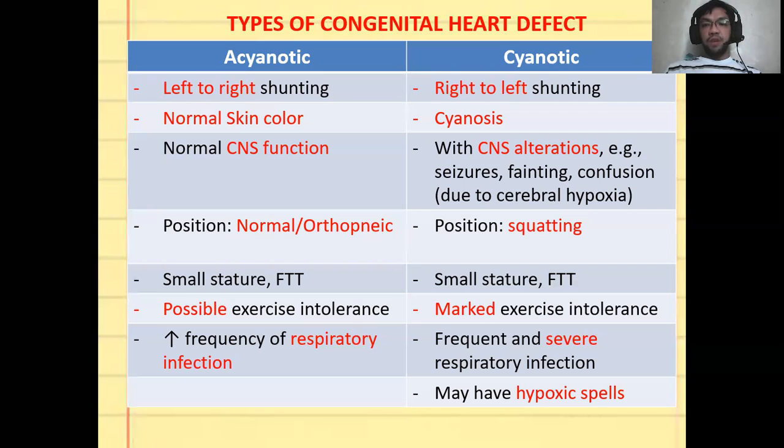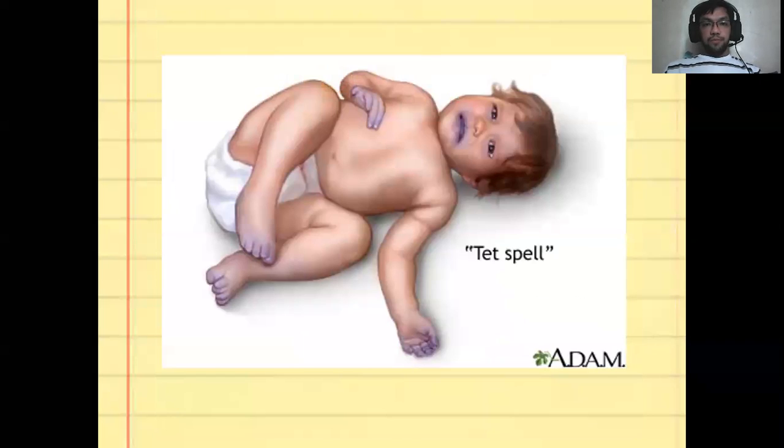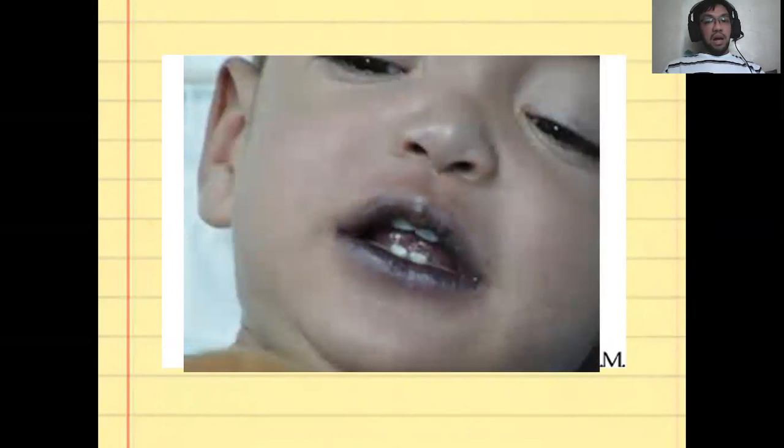And there will be frequent and severe respiratory infection and hypoxic spells, most especially for the tetralogy of Fallot. So you should all well know these structures by now. This is an infant who's suffering from a tet spell. We'll discuss that further once we are already under tetralogy of Fallot. This is how they look if they appear cyanotic. Look at the lips.